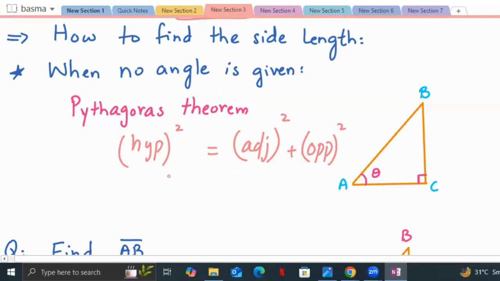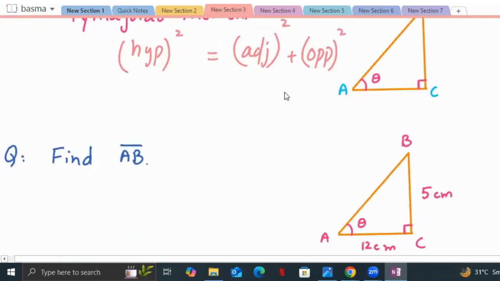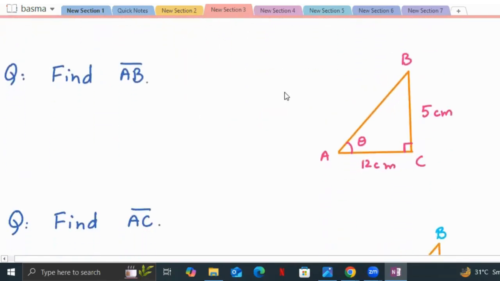Now let's apply it in a question. So here you're given ABC, a right angle triangle, in which AC length and BC length is given. And you have to find AB. So first you saw that there is no angle given, means that is theta, but it is unknown. Now there is no 30 degrees, 45, like no value is given to the theta, means we don't know any angle given.